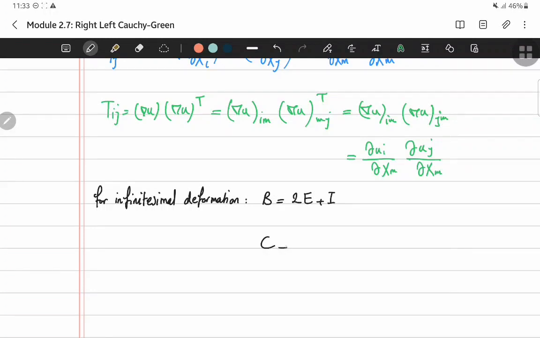Similar to C is equal to 2E plus I, or I can write it like this. So from here, you can conclude that for the infinitesimal deformation tensor, basically C and B are equal.